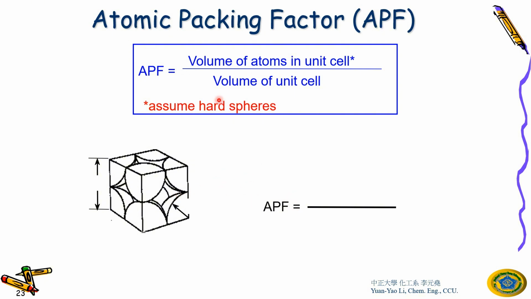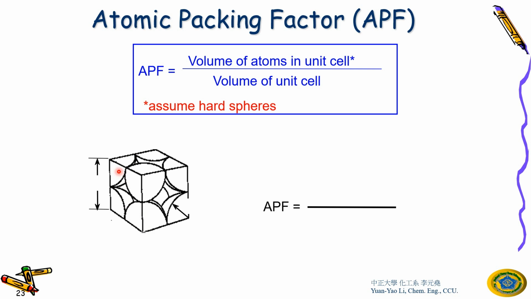So this is called simple cubic, right? Simple cubic structure. Please tell me the APF. The volume of the atoms in the unit cell. Remember, atoms, right? How many atoms are in this unit cell? 1, right? 1 atom.